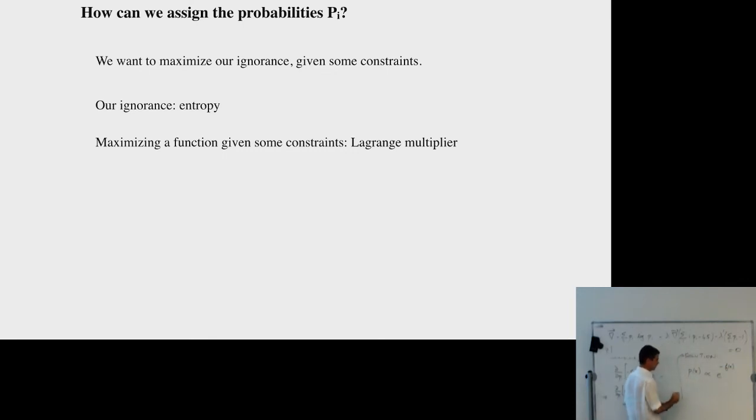The constraint that I had was that the mean of some function of x was set to some number. That can be the sum of the p's equals 1 or the mean of i equals 4.5. This is the key result.